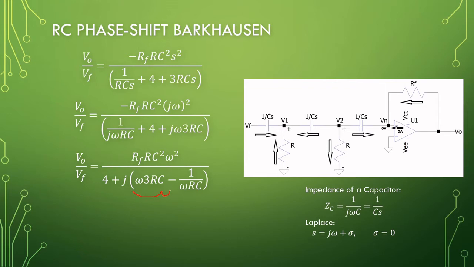So this term over here which has imaginary values in it, we should set equal to 0, and that will be our phase requirement, and the remainder will be our loop requirement for our gain. So this will provide our frequency of oscillation, and the remainder will provide our required gain to start the oscillation.